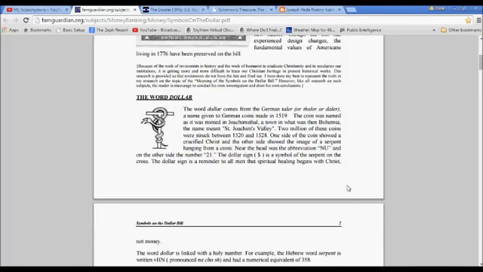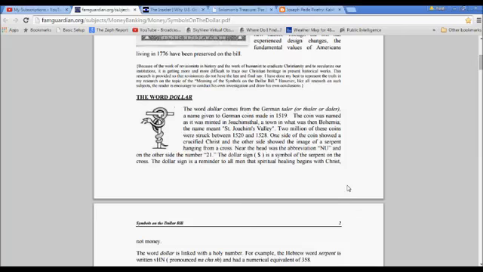The name meant St. Joachim's Valley. 2 million of these coins were struck between 1520 and 1528. One side of the coin showed a crucified Christ, and the other side showed an image of a serpent hanging from a cross. Near the head was the abbreviation NU, and on the other side the number 21.